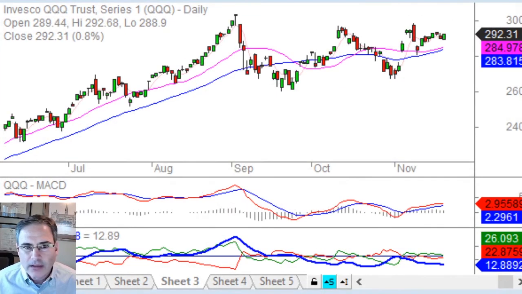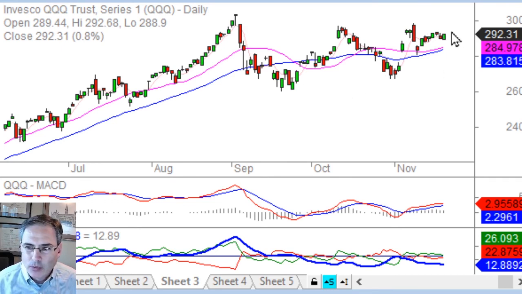Let's take a quick look at the daily chart. What's happening here is the 18 and the 40 are basically right around the same level, and right around the 284 to 285 has now become a key level to watch. If we come back down through these two moving averages, then I think that confirms more of the same sideways price action, not a lot new taking place.